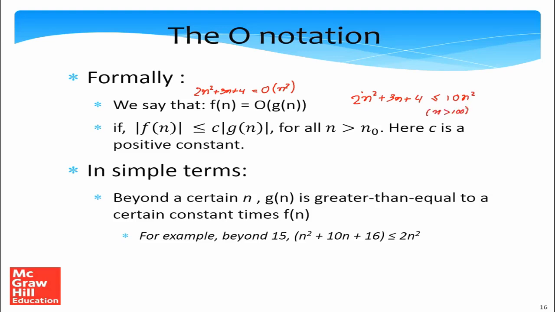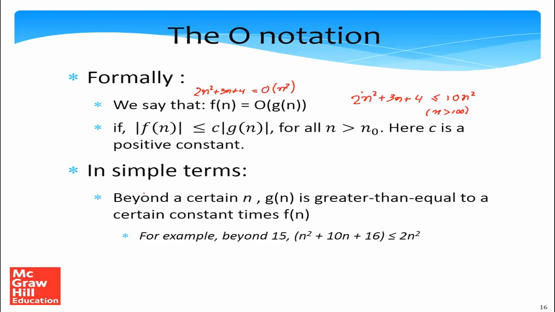We can definitely say that this is less than this. In this case, c will be equal to 10 and n0 will be equal to 100. So it can be said that this function 2n square plus 3n plus 4 will essentially grow the same way as n square will grow, ignoring constants.